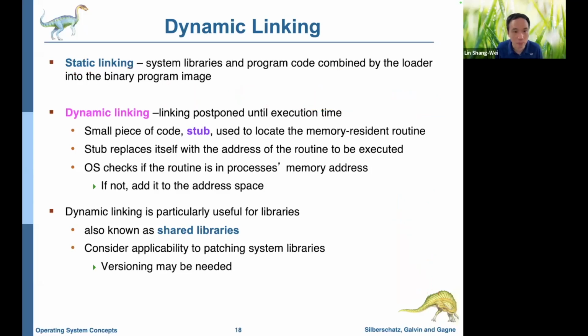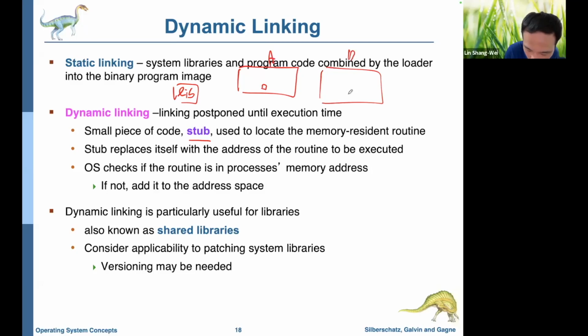For dynamic linking, again, we have this library. But for process A, instead of including all the binary for this library, we put a stub here. Process B also has this stub, and process C also has this stub, and this stub is much smaller than the library binary file itself.